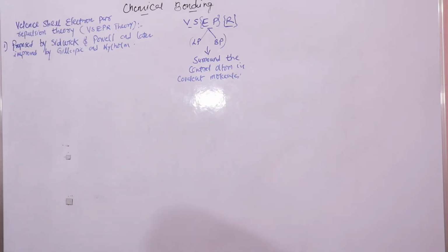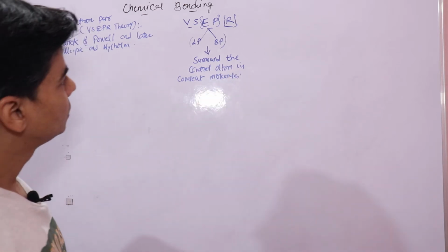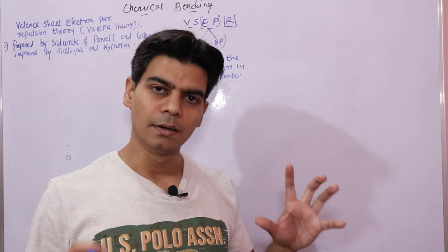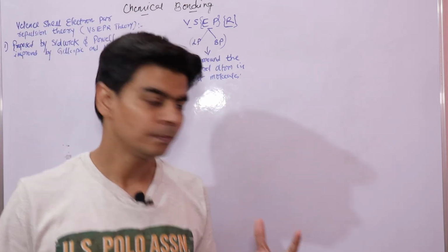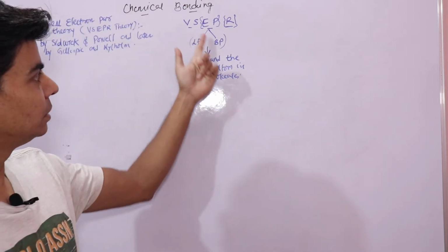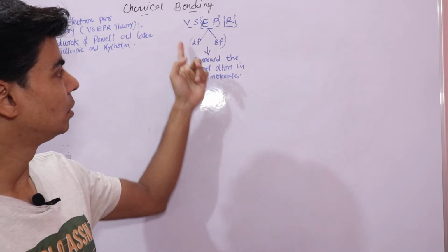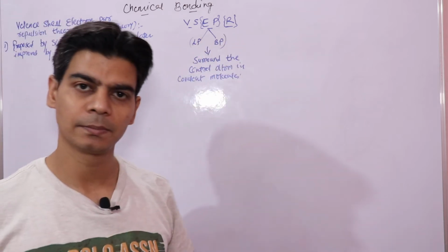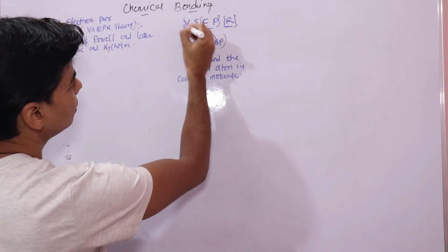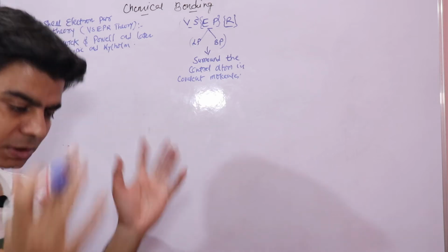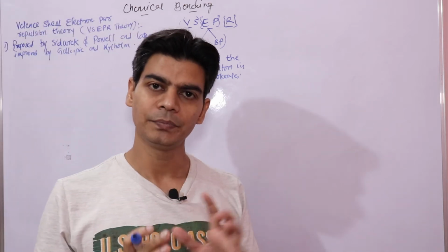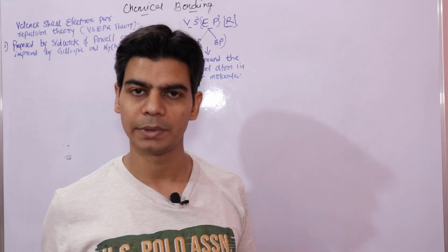So the valence shell of the central atom has electron pairs which are lone pairs and bond pairs. Valence shell stands for the valence shell of the central atom that has lone pairs and bond pairs.